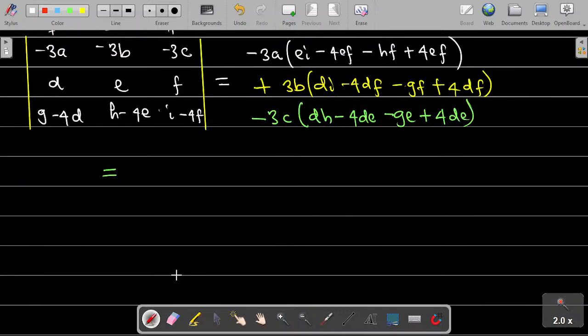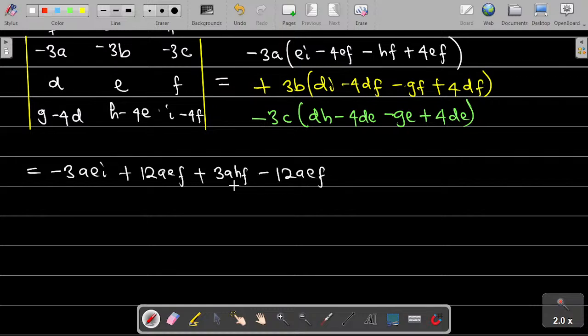All right, so now let's try to see if we can open up this bracket and check if things can cancel out. Let me move my equal sign a little bit, so to this point, so I can have minus 3aei, then plus 12a, then plus 3AHF, then minus 12AEF.